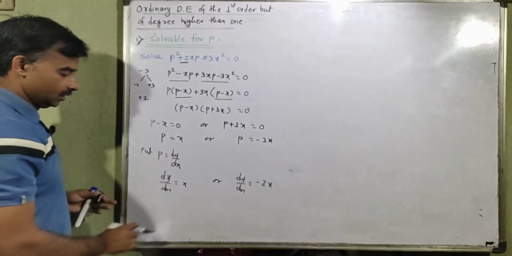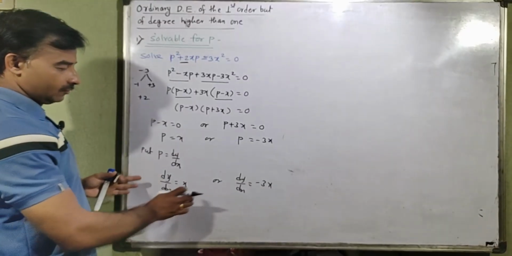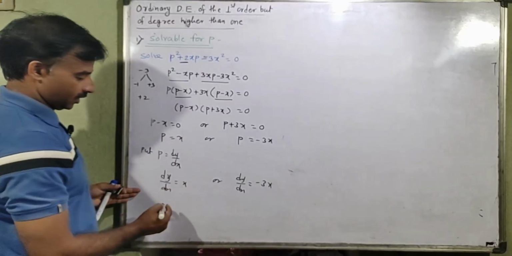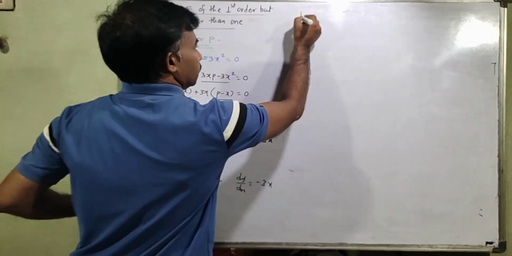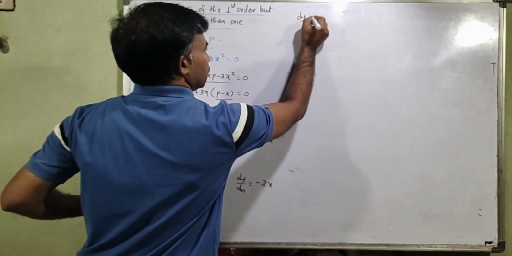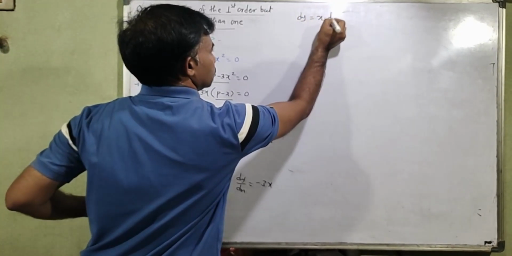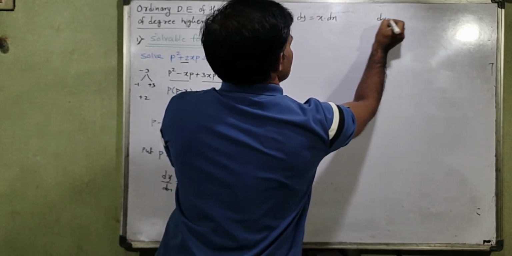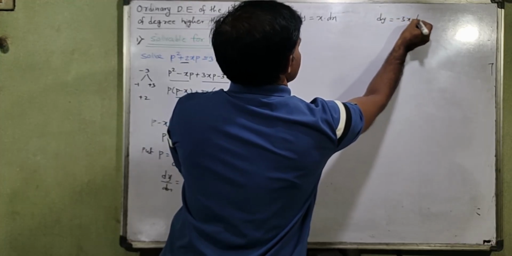Okay, then make a variable separable form, and dx is transferred to the other side. You will get dy is equal to x into dx, and the other one is dy is equal to minus 3x into dx.